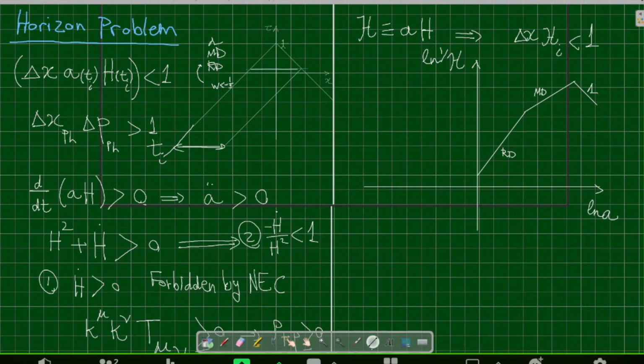Again, this curve is going to decrease. Okay, something like that. So this is our period of inflation.